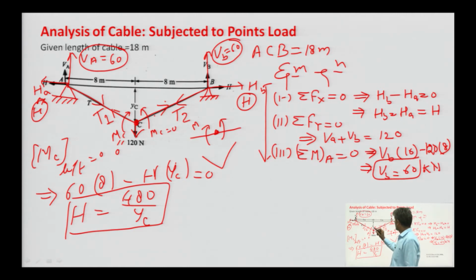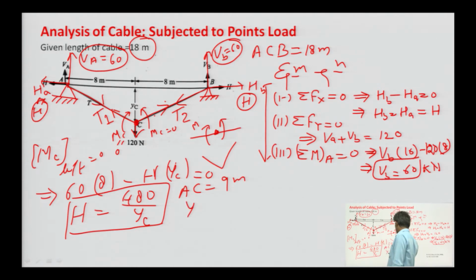YC here can be calculated easily. How? We know that the length of the cable is 18 meter. So, the length of AC and the length of CB will each be half. So, the value of AC is equal to 9 meter.